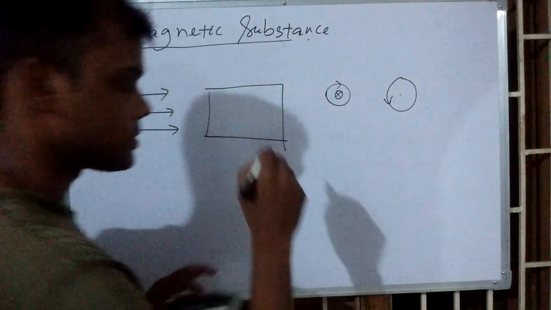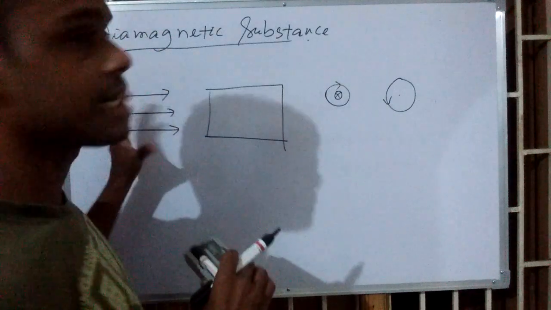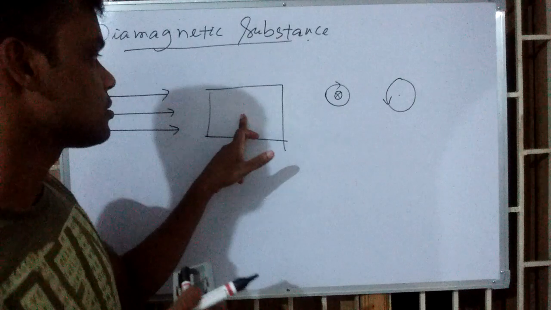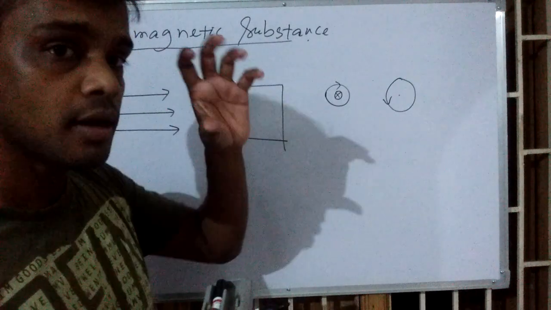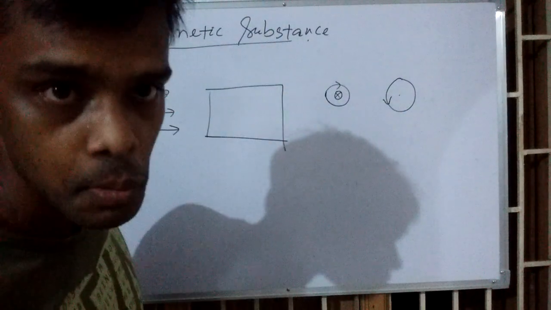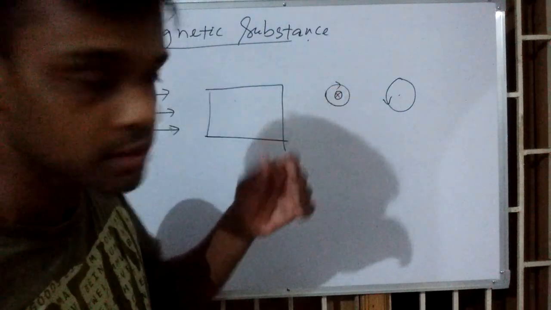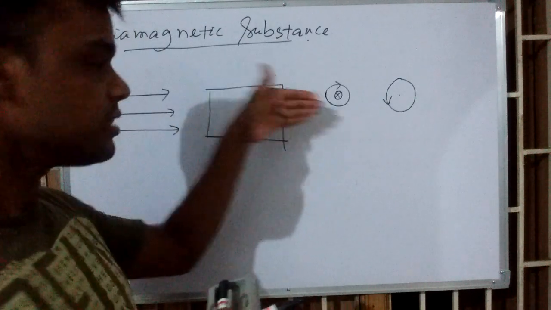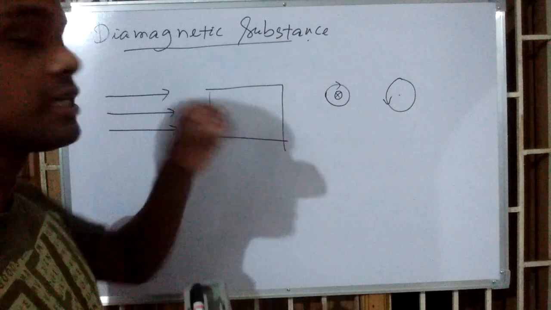In a diamagnetic substance, if an external magnetic field is applied, then immediately the electrons that have magnetic moments in this particular direction slow down. I am repeating, the electrons that are producing the magnetic moment in this direction slow down.